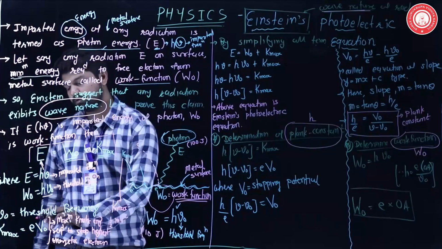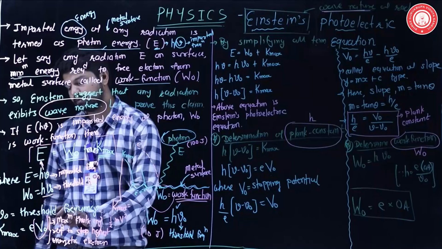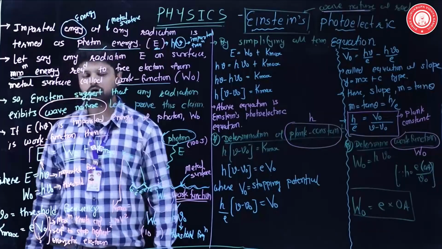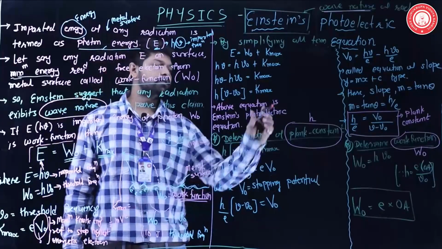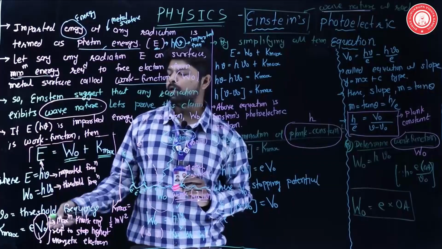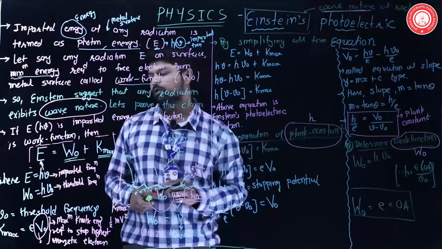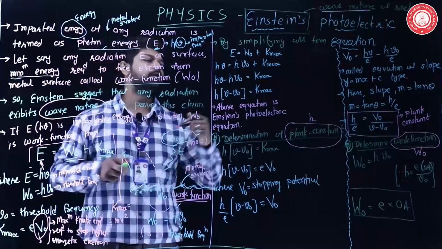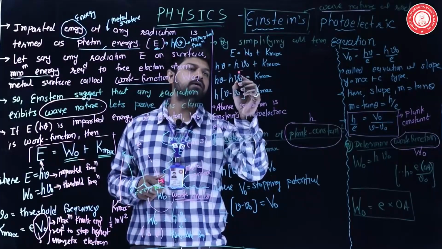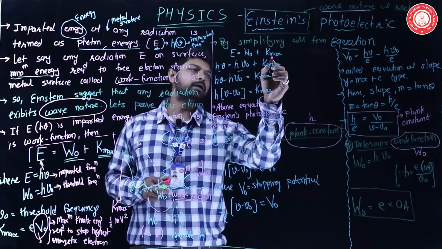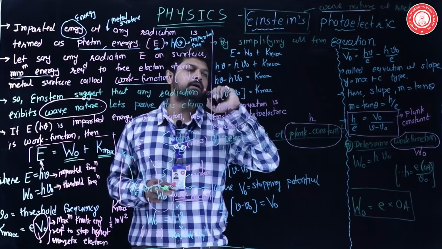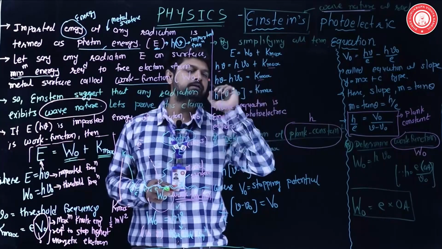One of the most frequent terms of this chapter is capital V0, which is my stopping potential. So if we implement this value in our equation, we get E as hv, work function as hv0, and Kmax. As I told you before, we will not change this Kmax.